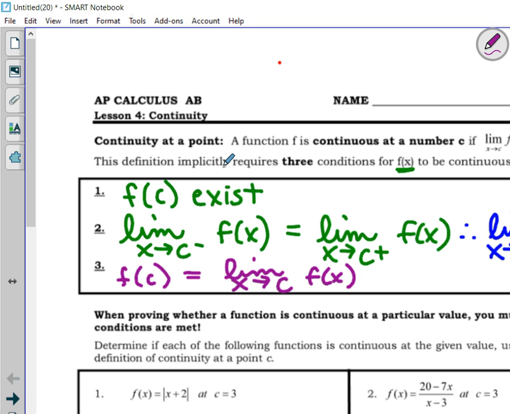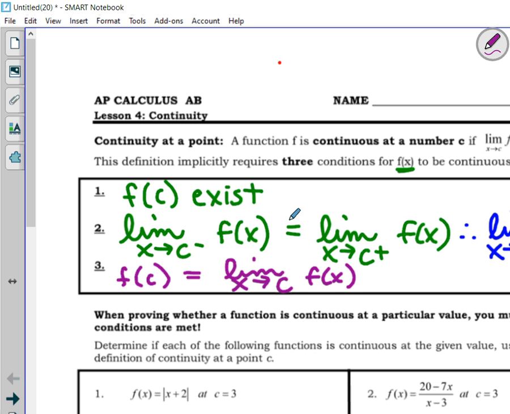F of c is 10. And then showing that my limits as I approach c from the left and right also work and come out to be 10, I've therefore shown I've got f of c and the limit as x approaches c to match. And that has created continuity.